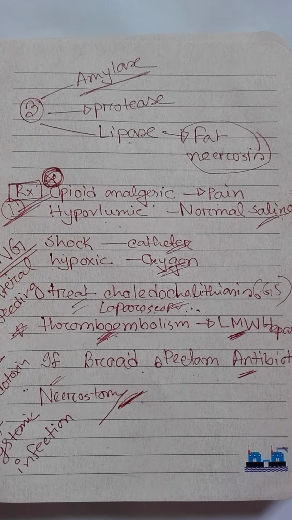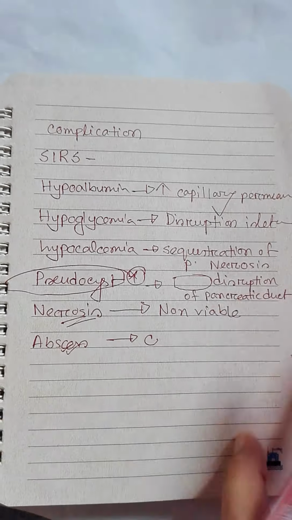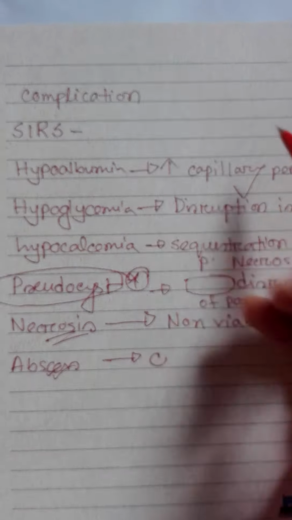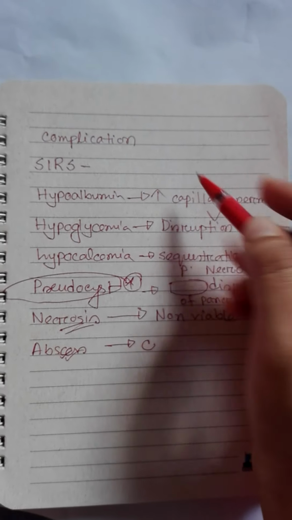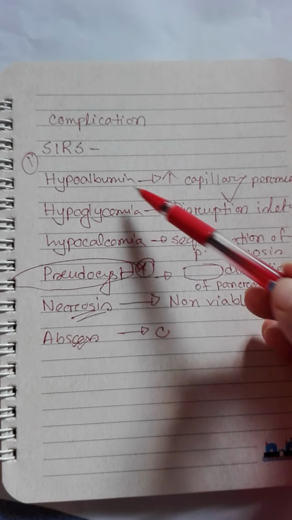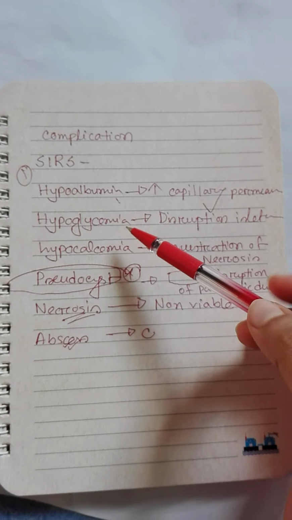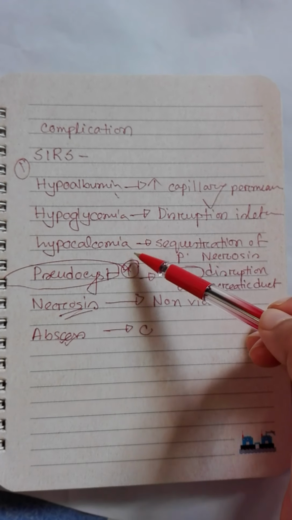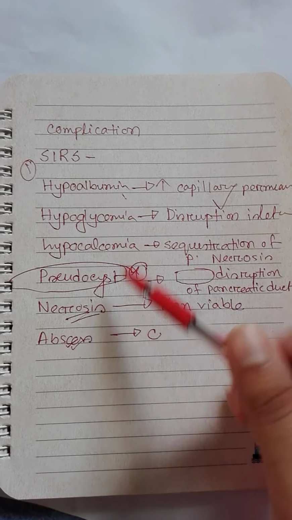Now we discuss the complications of acute pancreatitis. One is systemic inflammatory response syndrome, then hypoalbuminemia, hypoglycemia, hypocalcemia, pancreatic pseudocyst, necrosis, abscess.